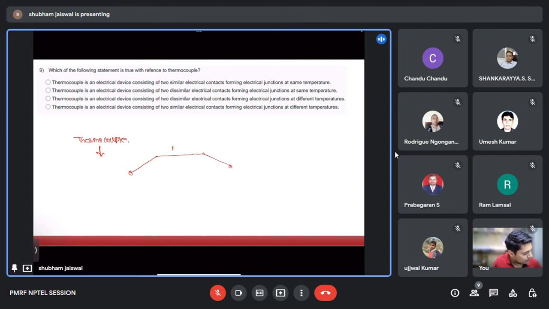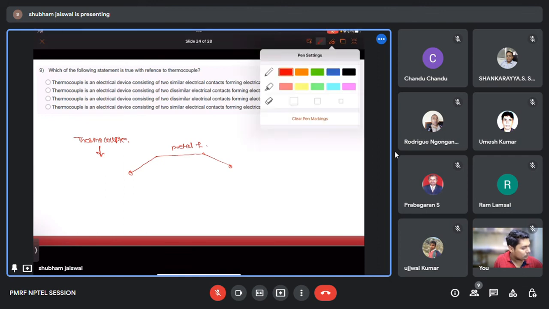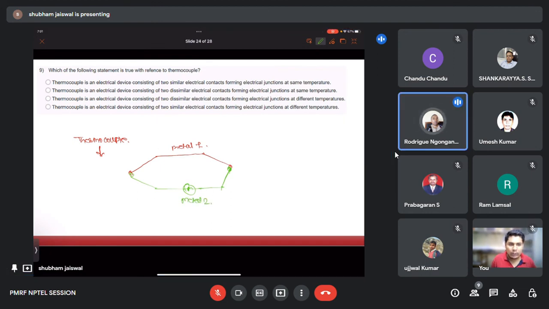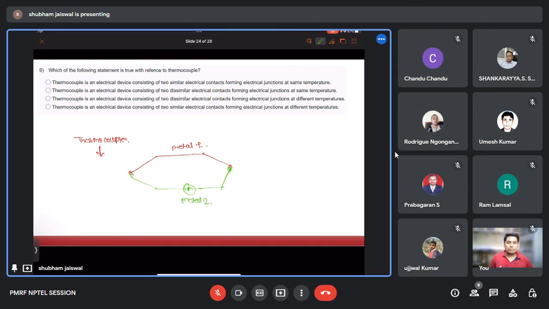This is metal 1, let's say iron, and this is metal 2. We maintain both the ends at different temperatures. One is the hot temperature and this one is the cold temperature.